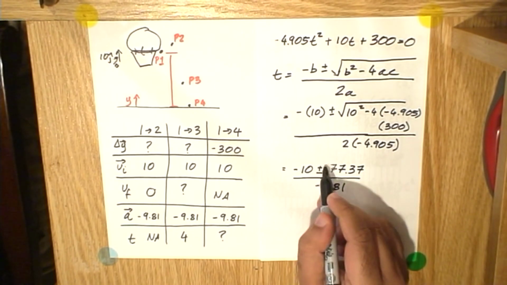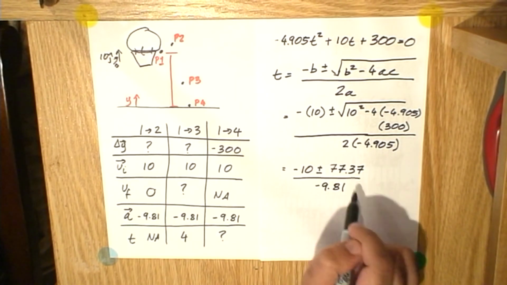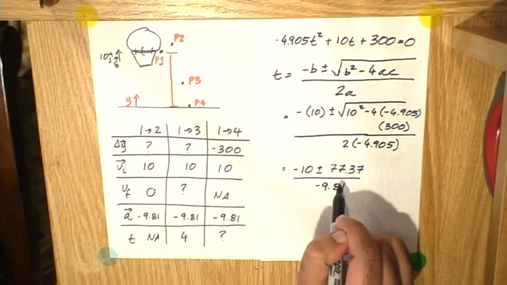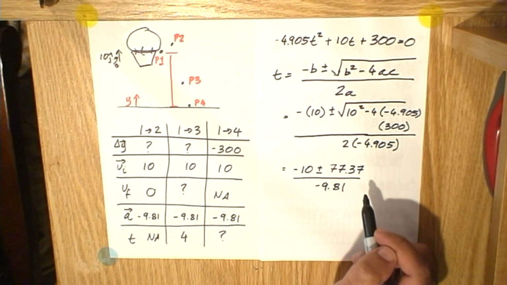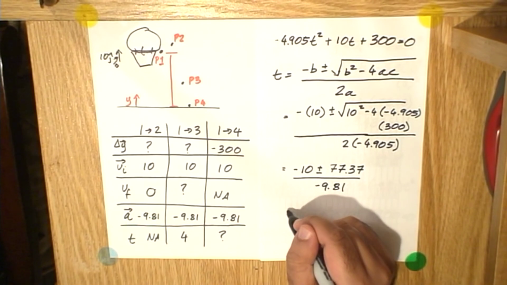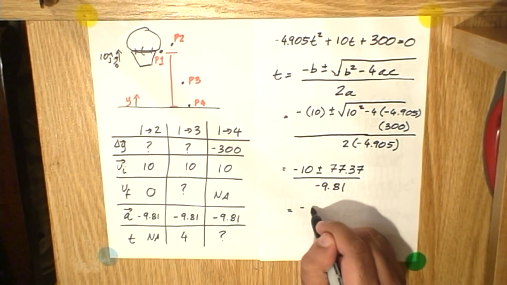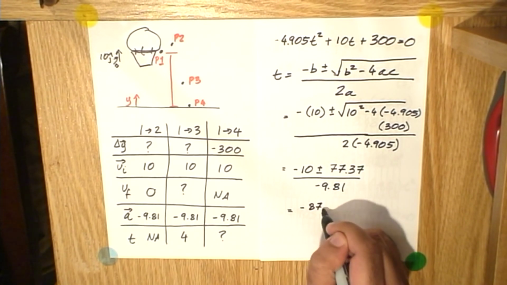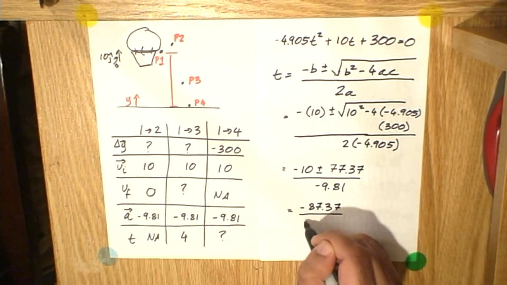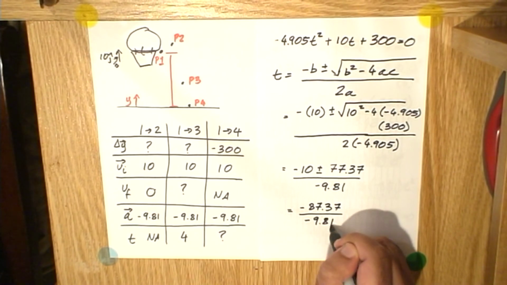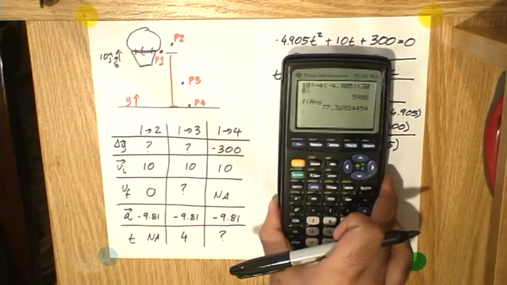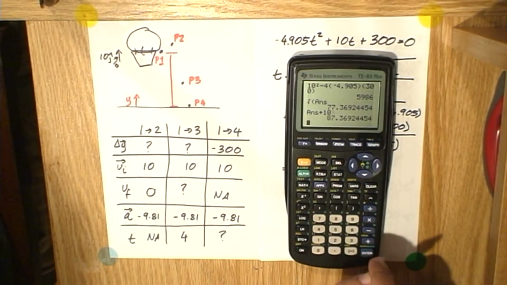Now, if I added these two together, then I'd get a positive in the top and a negative in the bottom. But that's not a suitable answer because we can't have a negative time. So instead I have to subtract these two. That'll give me negative 87.37 divided by negative 9.81, which we could solve like this.